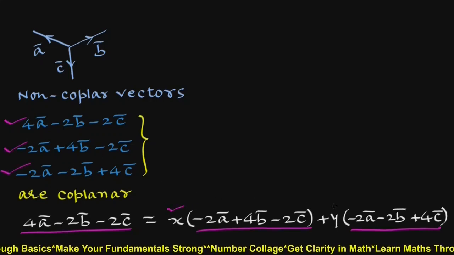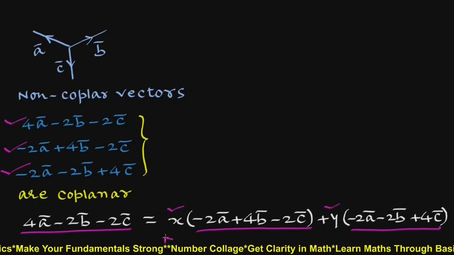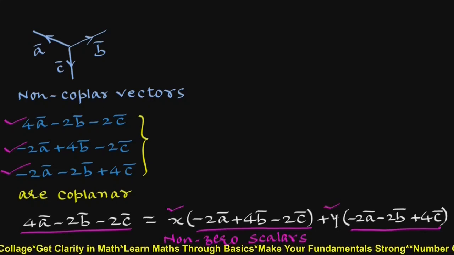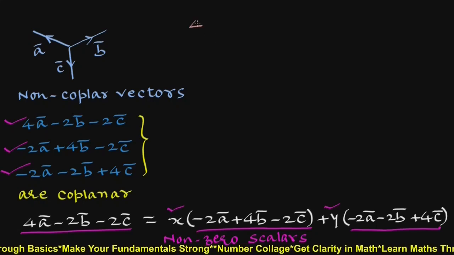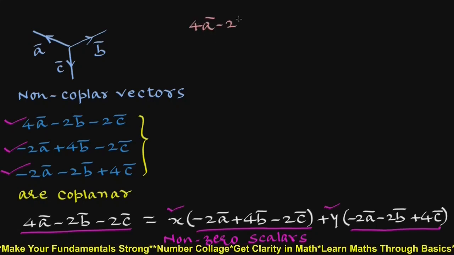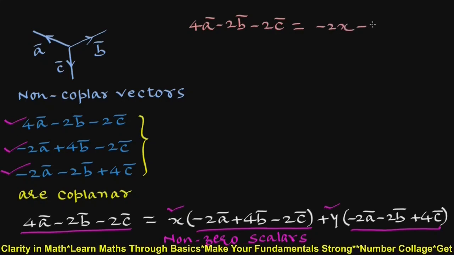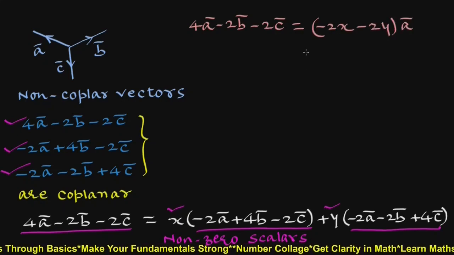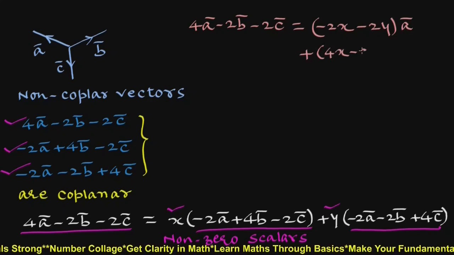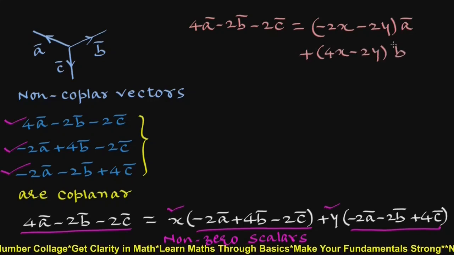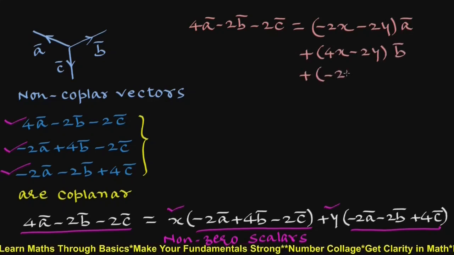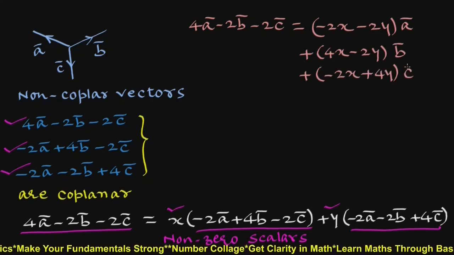where this x and y are non-zero scalars that we will find. Now we write a bar minus 2b bar minus 2c bar equals (minus 2x minus 2y) a bar plus (4x minus 2y) b bar plus (minus 2x plus 4y) c bar.